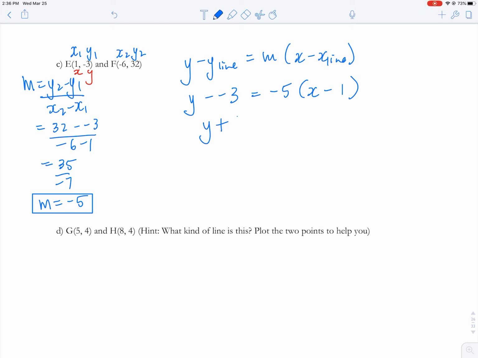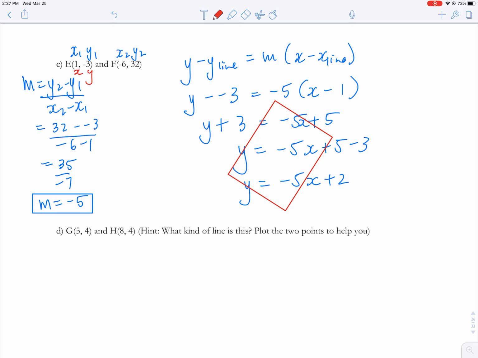So y minus 3 equals minus 5x plus 5. So y equals minus 5x plus 5 plus 3. y equals minus 5x plus 8. Oh, that's odd. I was not expecting that shape.